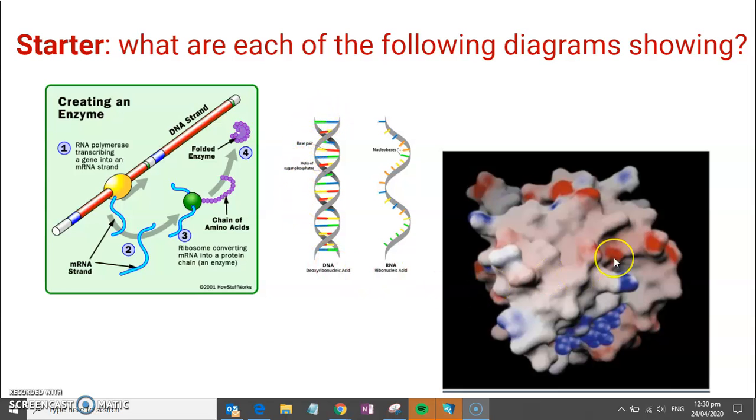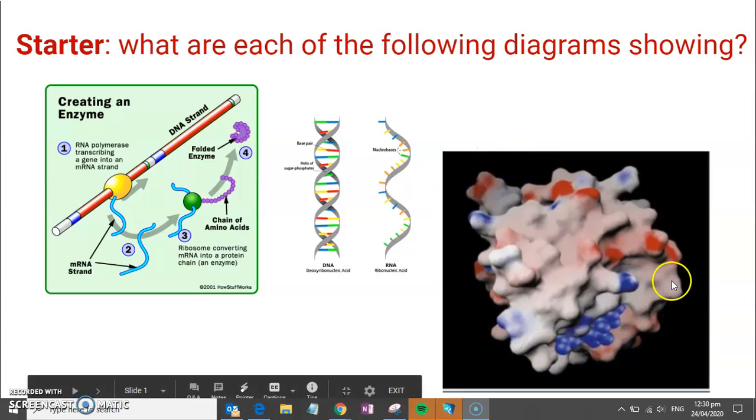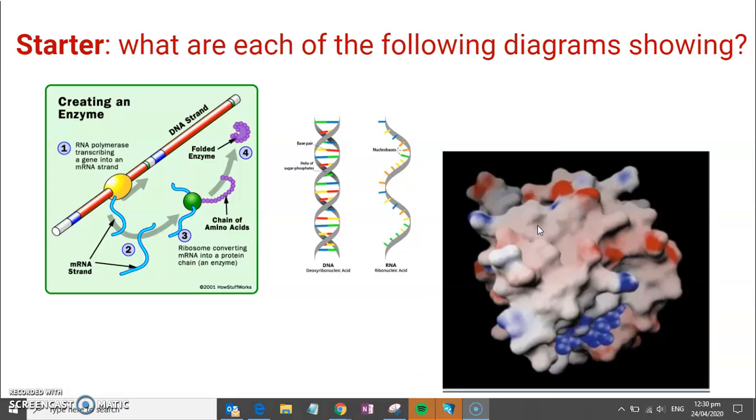On the right here is a picture. I'm not sure if it's an electron microscope photograph or if it's some sort of CGI version, but it's a picture of amylase, which is a 3D globular protein. Amylase breaks down starch, large carbohydrate, into glucose, so small simple sugars.